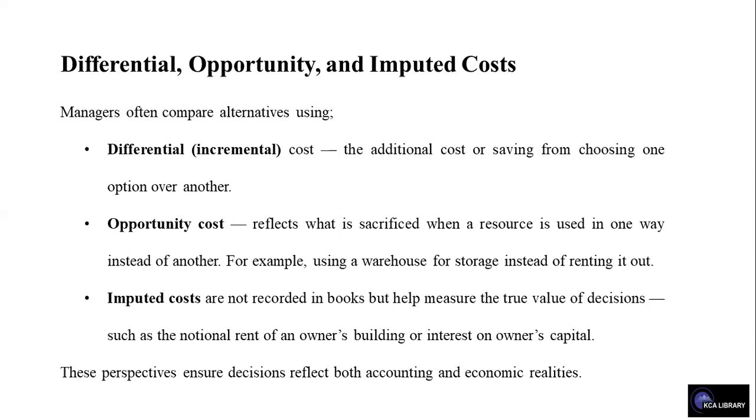The opportunity cost reflects what is sacrificed when a resource is used in one way instead of another, for example, using a warehouse for storage instead of renting it out. Another is the imputed cost. Imputed costs are those that are not recorded in books but help measure the true value of decisions, such as the notional rent of an owner's building or interest on owner's capital.